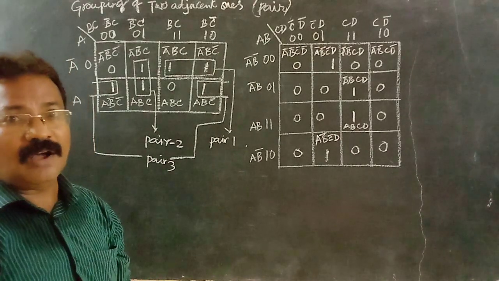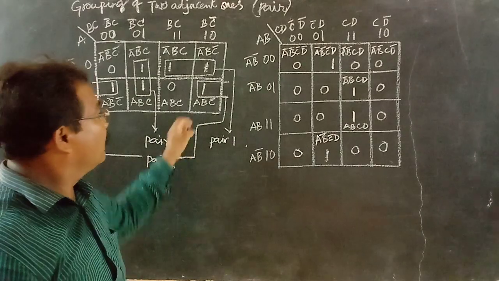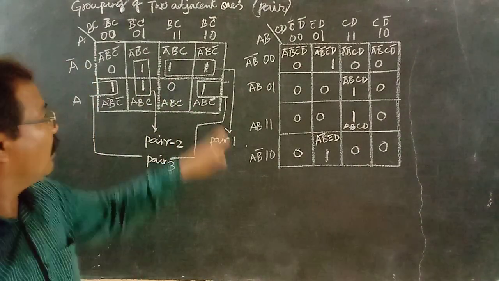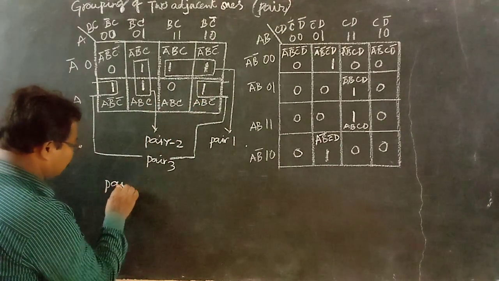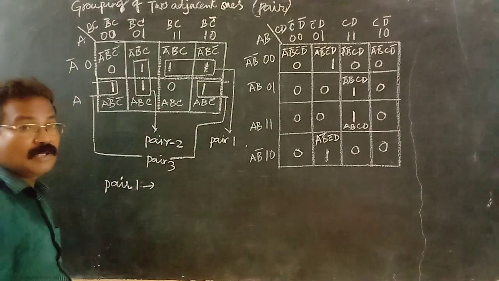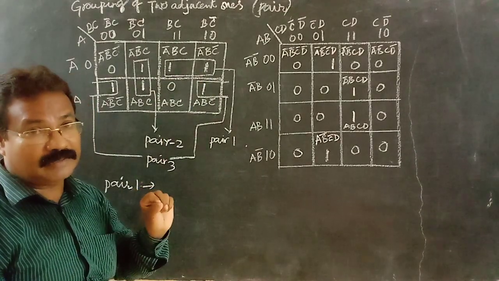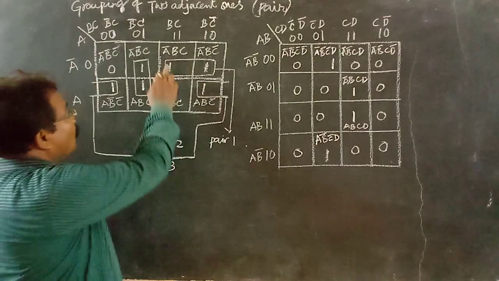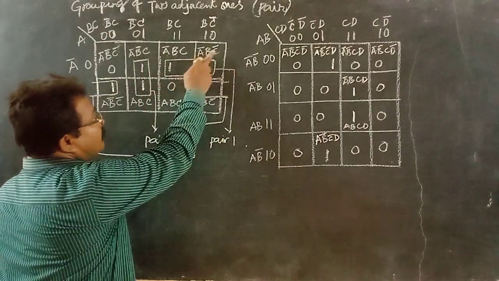So here, how can we simplify this K-map? How can we simplify the Boolean expression by using the K-map? Let us take the pair 1. Here, the pair 1 has two minterms, a combination of two minterms. The two minterms are A bar B C and A bar B C bar.